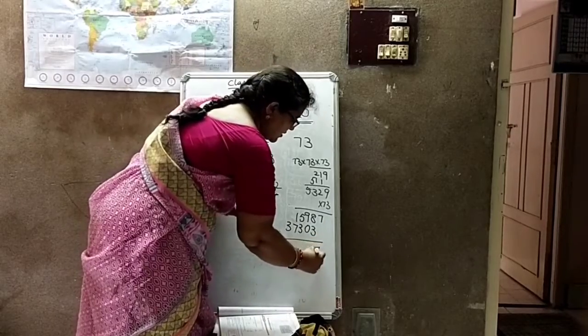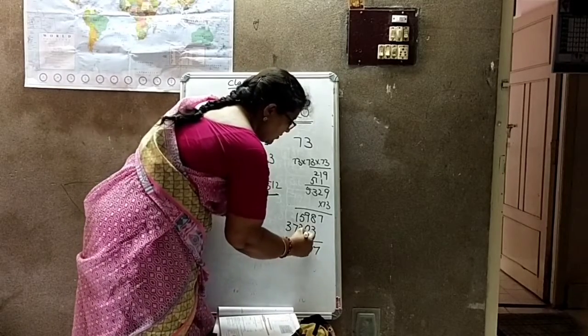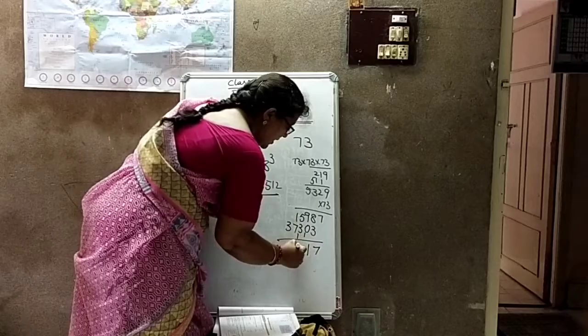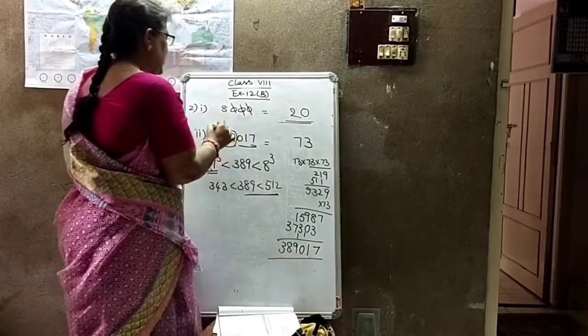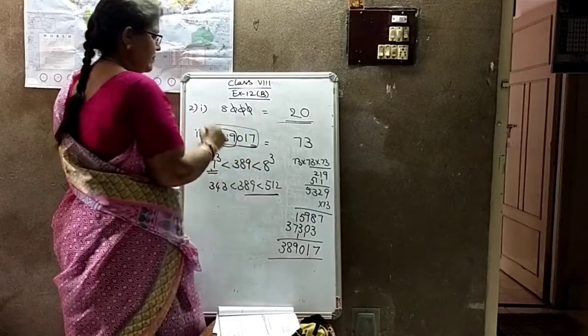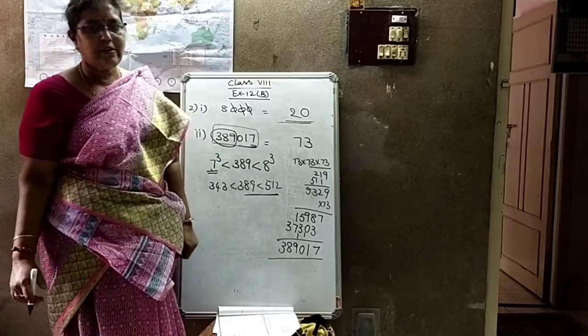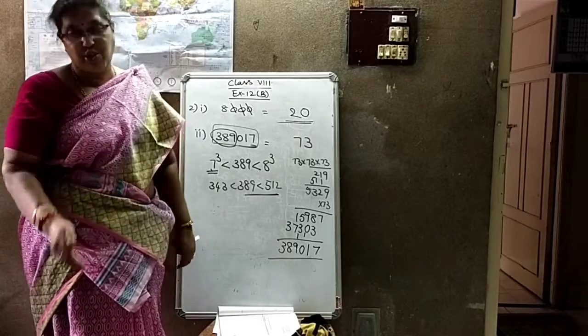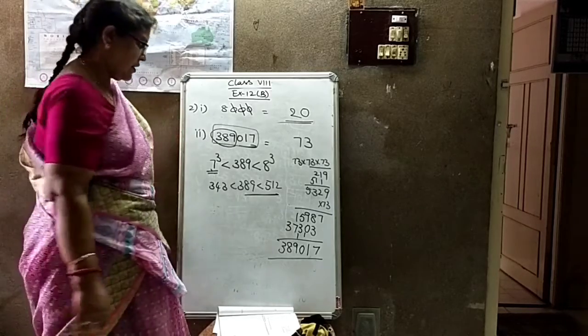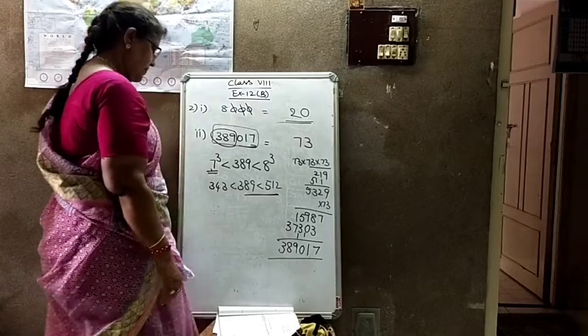Add up: 389017. What is the number? 389017. Did you understand? So this is your rough estimation. Do the sum.